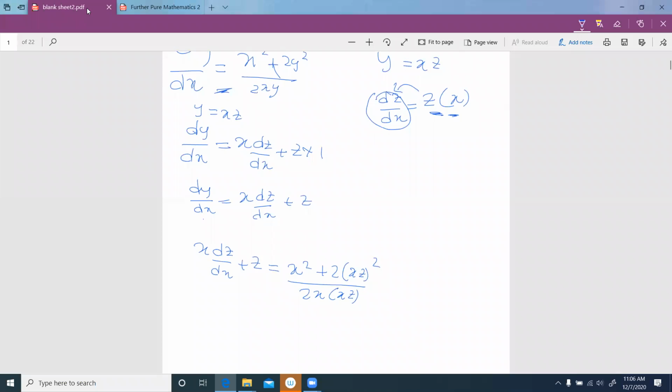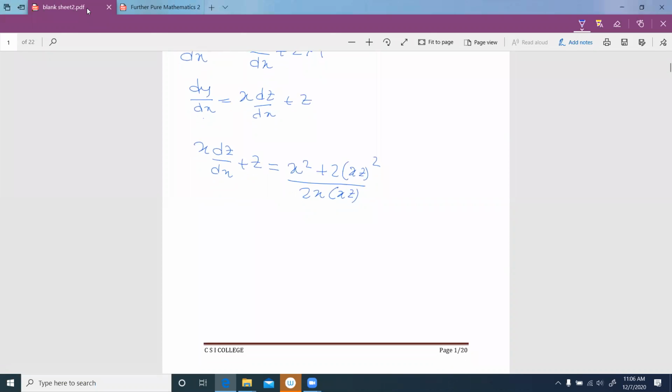Then let's try to simplify this. So you can say x dz by dx plus z is equal to, simplifying, x squared plus 2x squared z squared divided by 2x squared z.